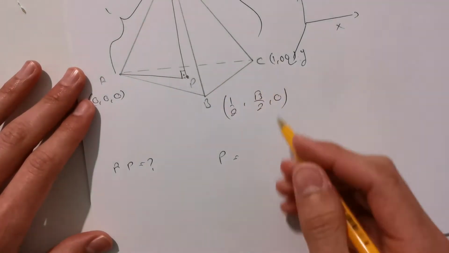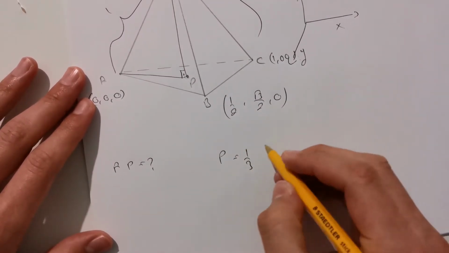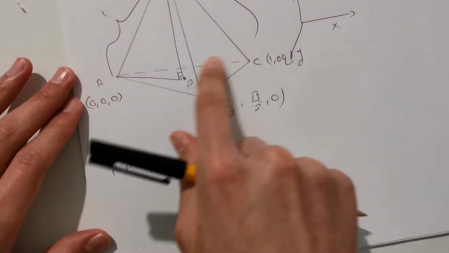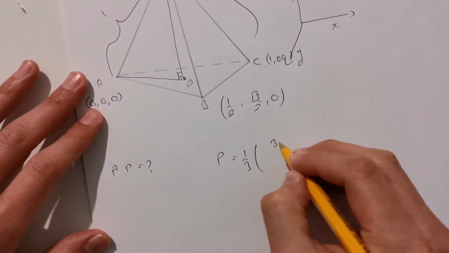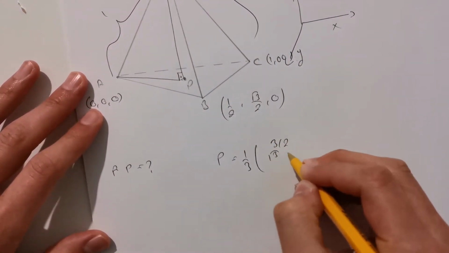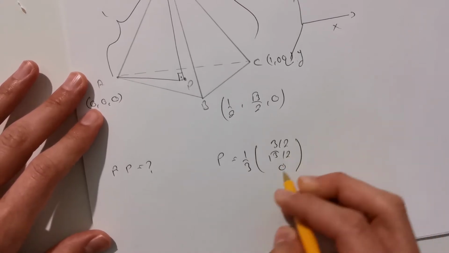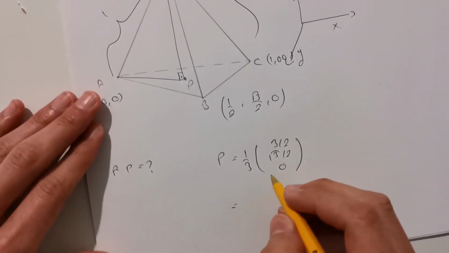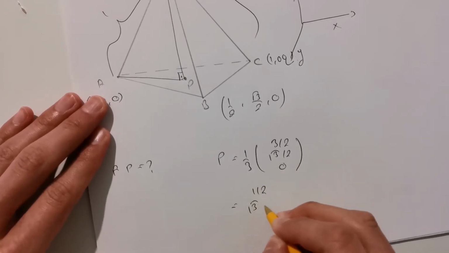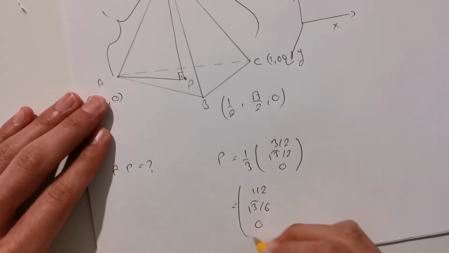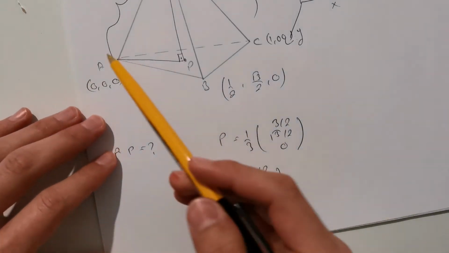So P is given by a third of the sum of A, B, and C. That is (3/2, root 3 over 2, 0) divided by 3. Therefore, P has coordinates (1/2, root 3 over 6, 0).